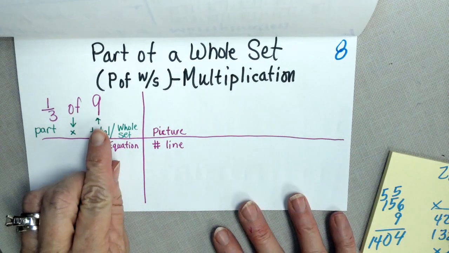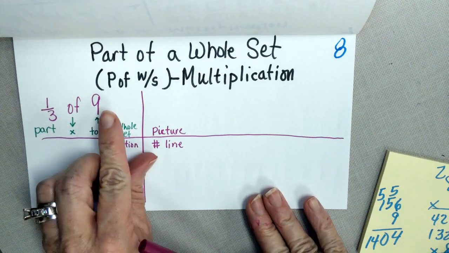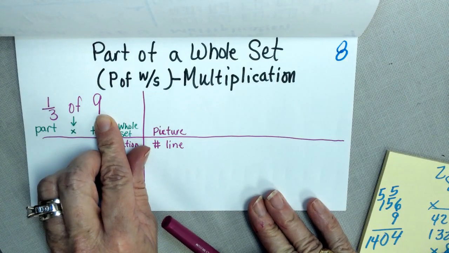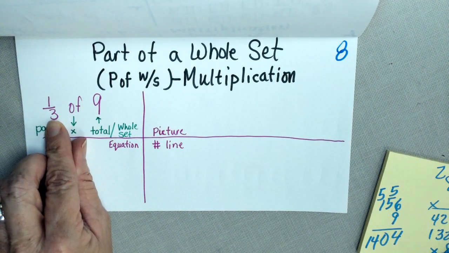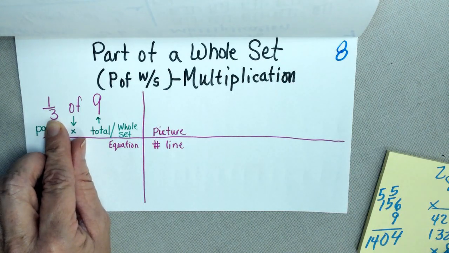And so, when it comes to our picture model, I know that I need 9 dots. That's what I'm going to use. But I'm going to refer to my denominator. My denominator is 3, so I'm going to put them in groups of 3.